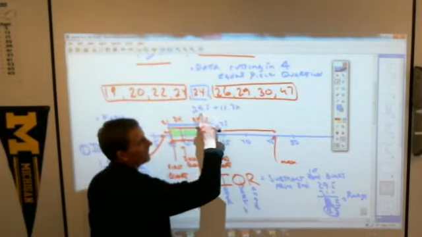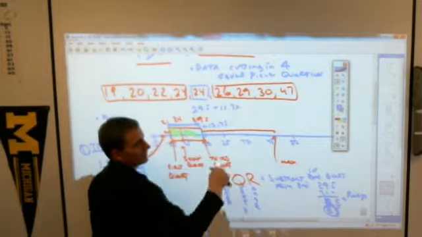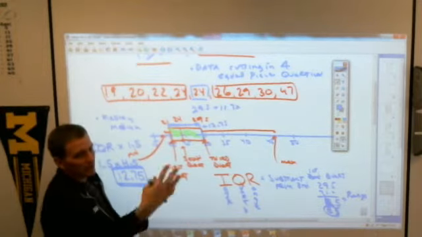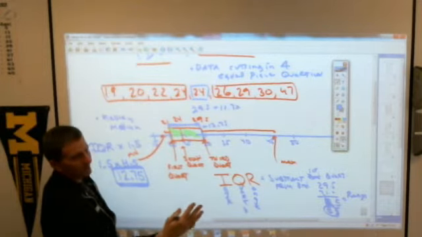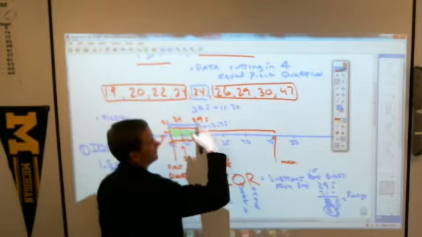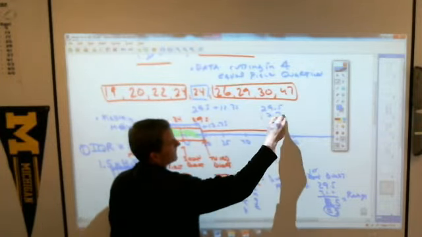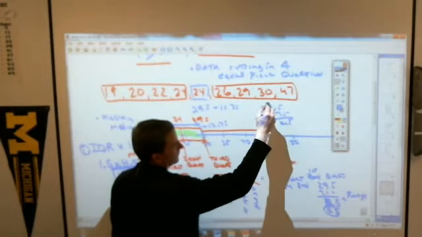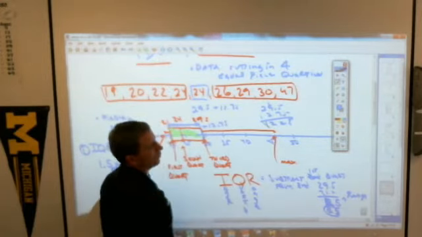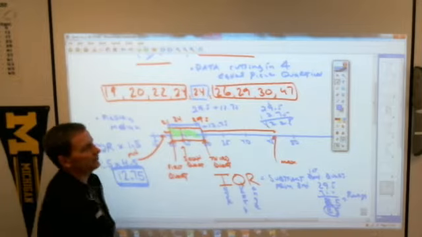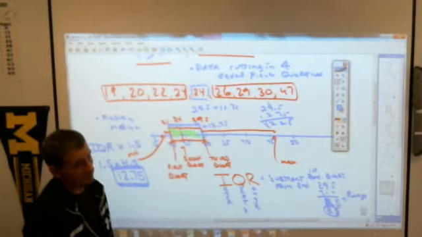If something goes farther than that away, we call it an outlier because it's way too far outside of what every other number is. That's kind of like the formula. So I know this number here was 29.5. I add 12.75 to it and I end up with 42.25. That is the farthest away I'm going to let any number be.